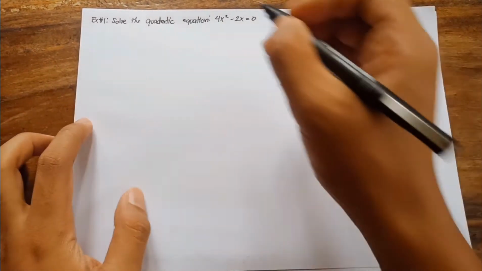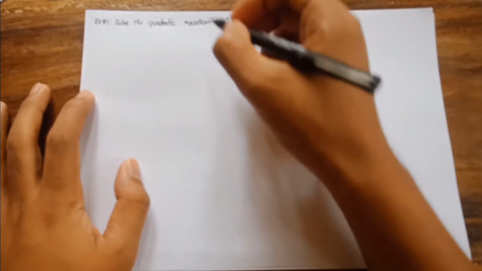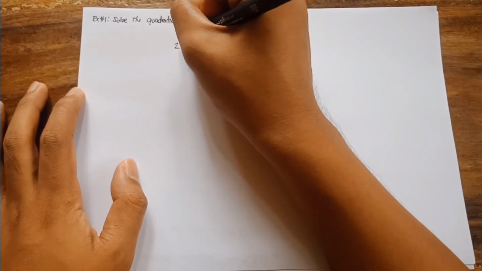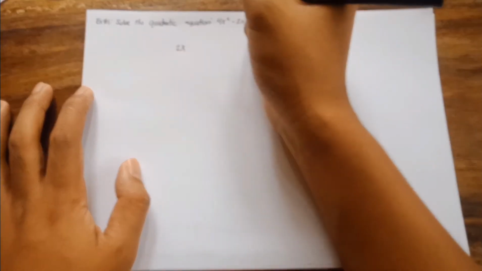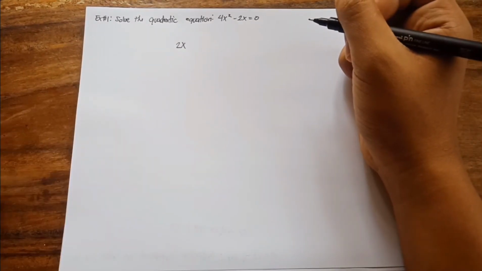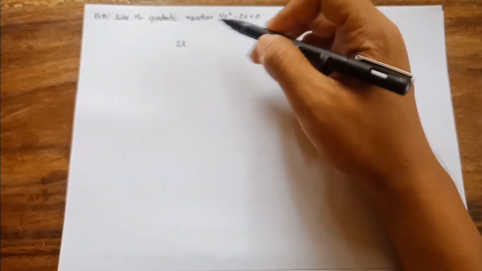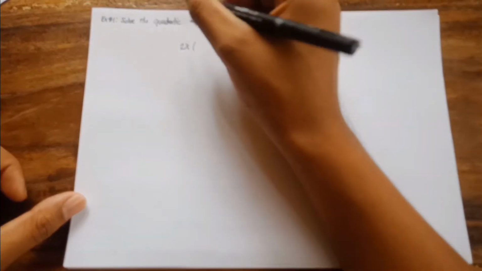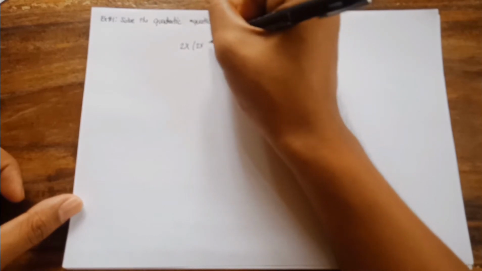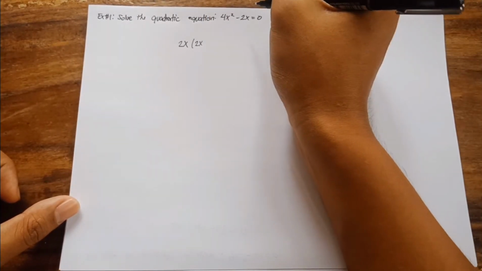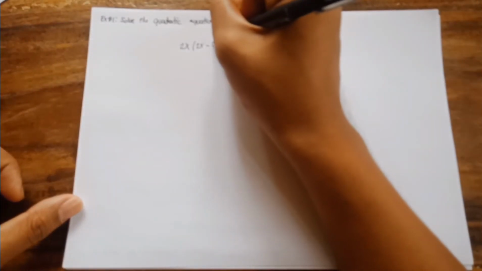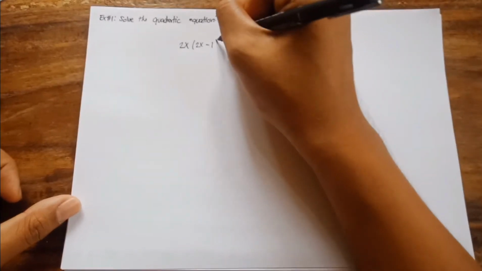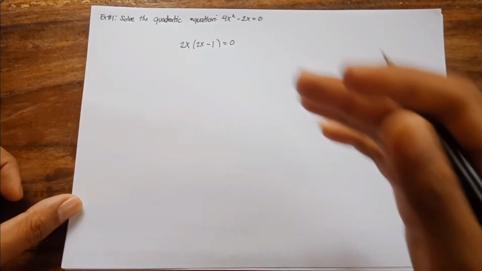We can factor it by dividing by 2x. 4x squared divided by 2x equals 2x, 2x divided by 2x equals 1, so 2x(2x minus 1) equals 0.